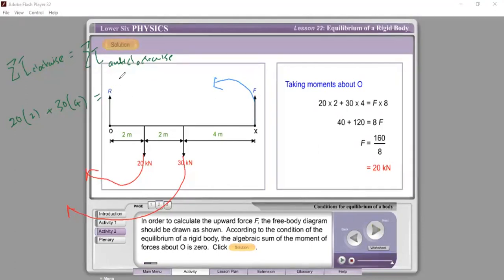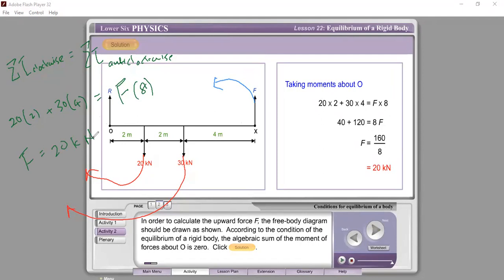The anti-clockwise moment will be F times how much? The distance is 8 meter. So the F we get will be equal to 20, because this is in kilonewton, right? So it remains in kilonewton. So this is the concept we use.